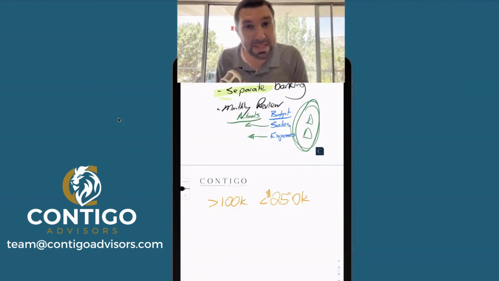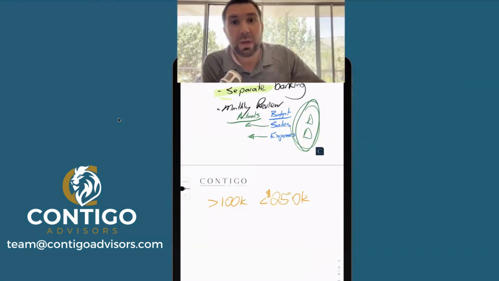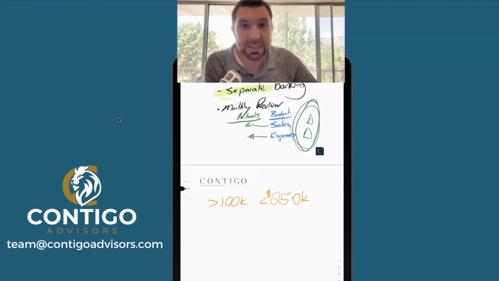Because if you're going to run a business, then you need to start looking at the way you spend money as investments and expenses. And paying a bookkeeper is an investment, because it's going to give you financial information that will enable you to grow your business faster and more effectively and avoid some really painful mistakes.